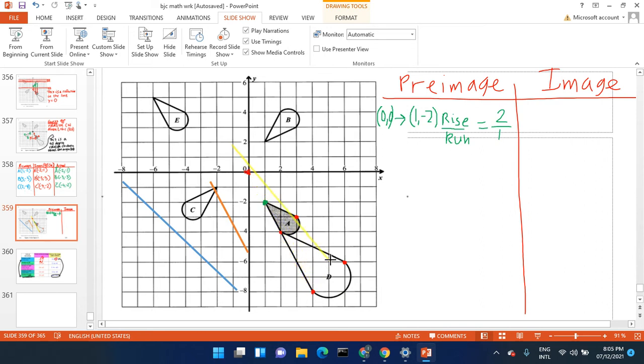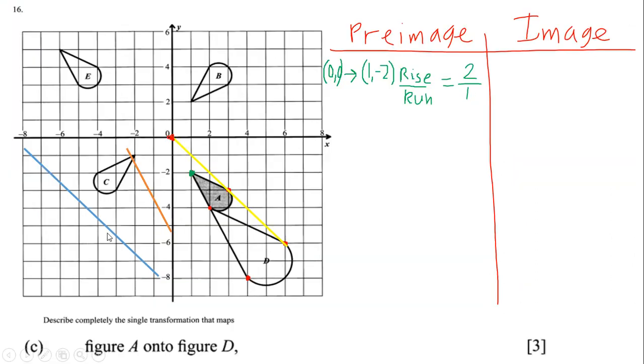And the other one is from here to here. And so we're asking ourselves, how do we move from 0 to this point right there?